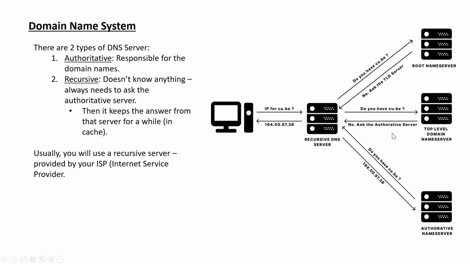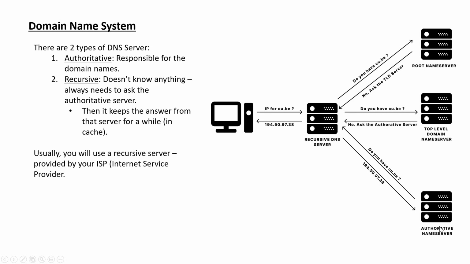Looking at this, it seems like these two aren't necessarily an authoritative name server, because the authoritative name server holds all of the data. The recursive DNS server holds none of the data except for maybe what it might have in cache for a while. So it seems like these two are just other servers that can be used to catch requests before having to go to the authoritative server.